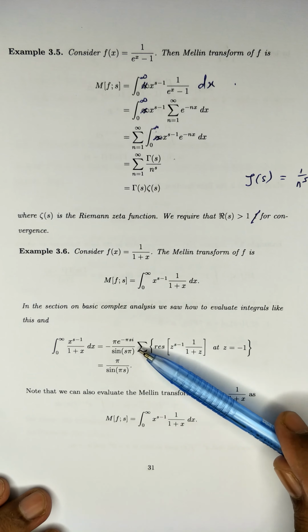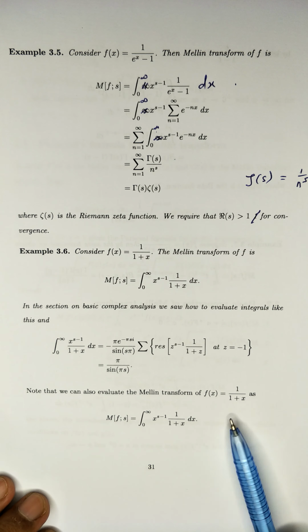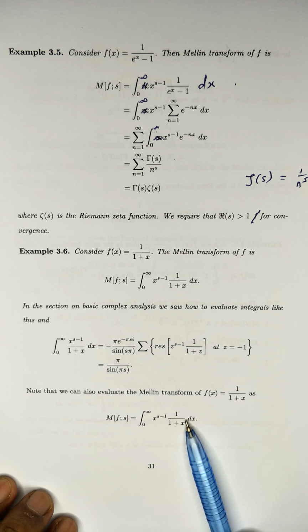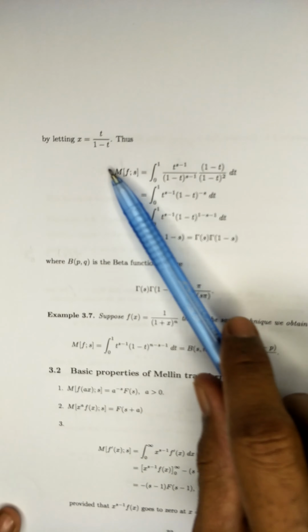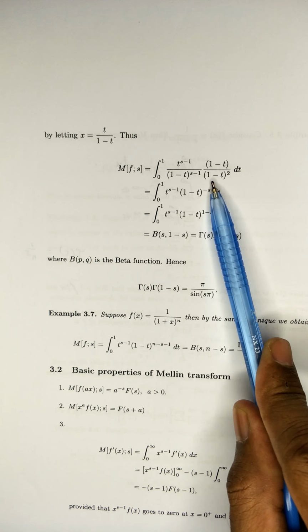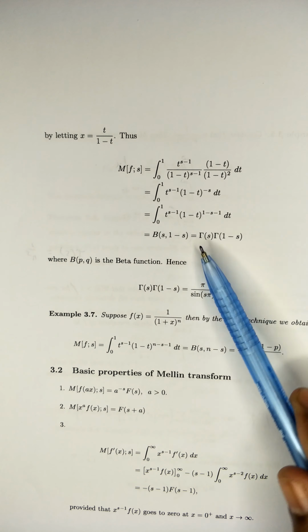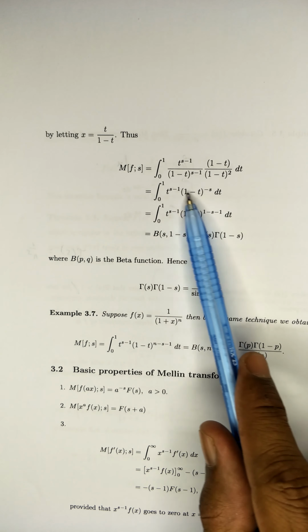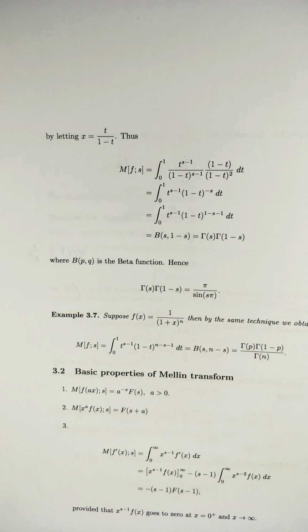Or this is another way of evaluating that. Alternatively, you can evaluate those integrals by substituting x with t over 1 minus t, so we obtain that. Then after simplification you have this, and again we identify this as a beta function of order 1 minus s.